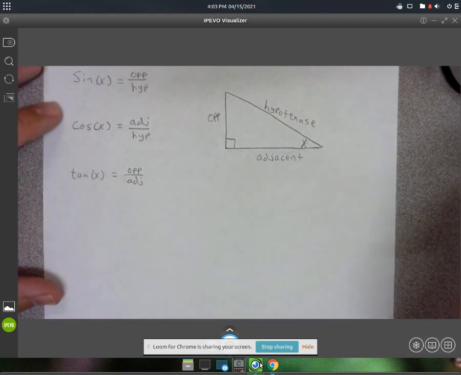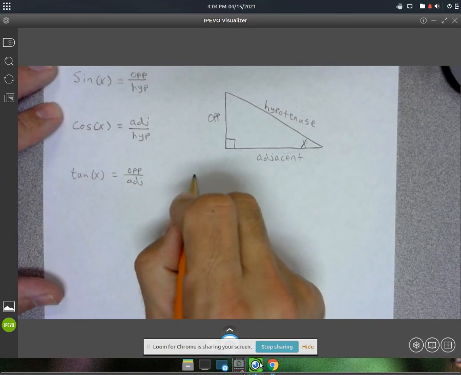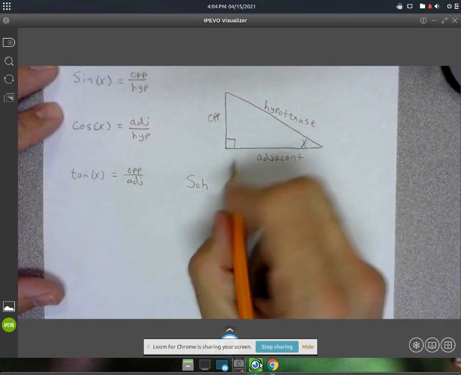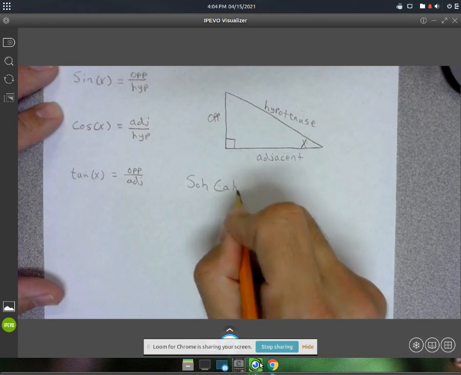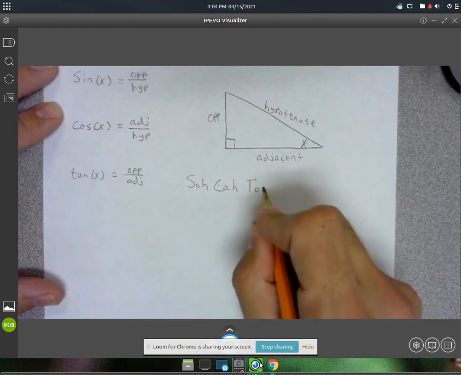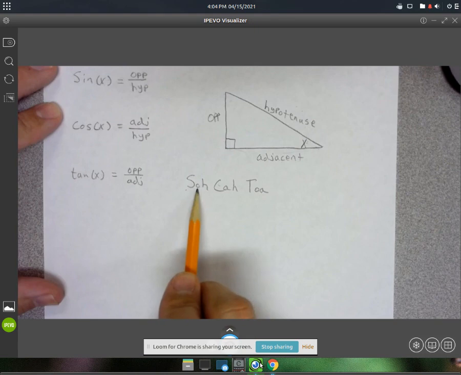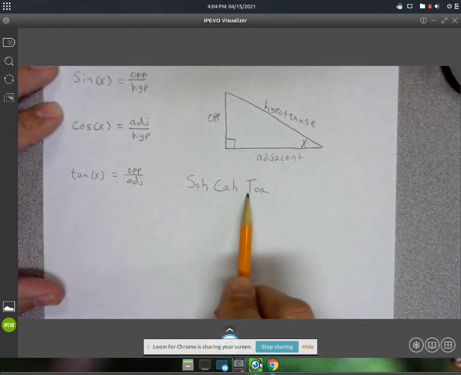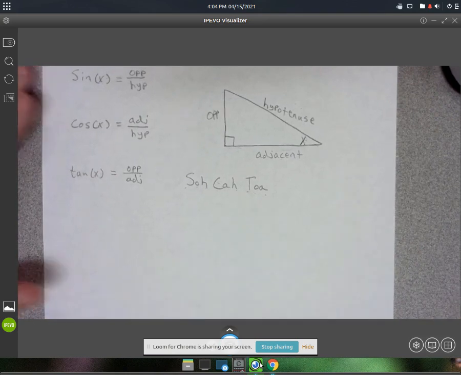The acronym a lot of people use to remember it is SOHCAHTOA. So sine is opposite over hypotenuse, cosine is adjacent over hypotenuse, and tangent is opposite over adjacent. That's a little mnemonic device that a lot of people use for remembering these.